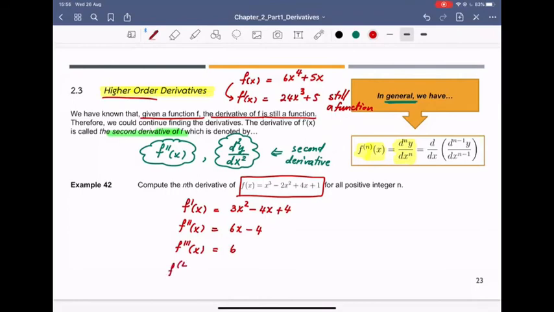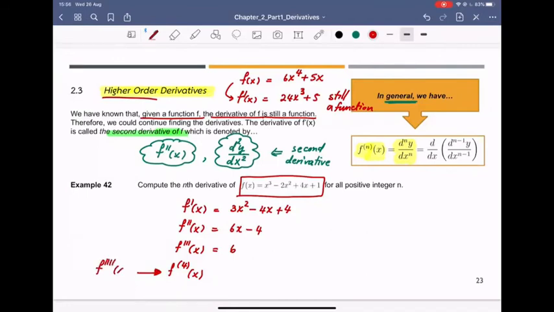The fourth time. You can see that after the third time, I'm not going to use the prime notation. After the third one, we use f and then the number in parentheses, 4. This is our notation after the third time.